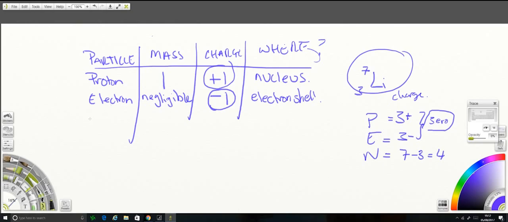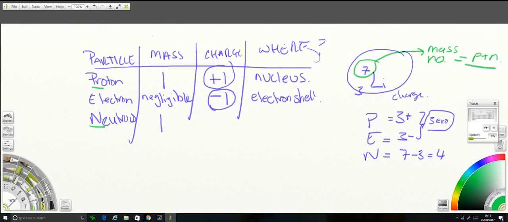Next, what we're going to have is neutrons. Let's have a look at neutrons. Neutrons have a mass of 1. And if you look back at the lithium example, we should know that it's the protons and the neutrons that have the mass, because this is called the mass number. And the mass number, as we already know, consists of protons plus neutrons.